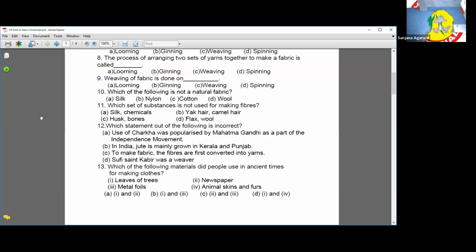Okay, leave it. Ten. Which of the following is not a natural fabric? Fine. Nylon. B. Good. Eleven. Which set of substances is not used for making fibers?